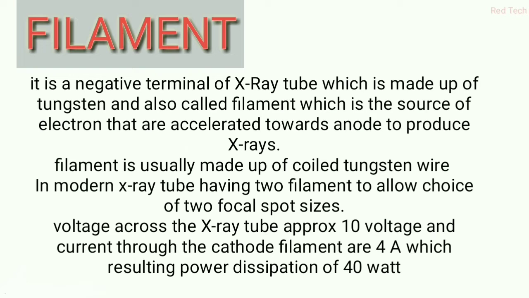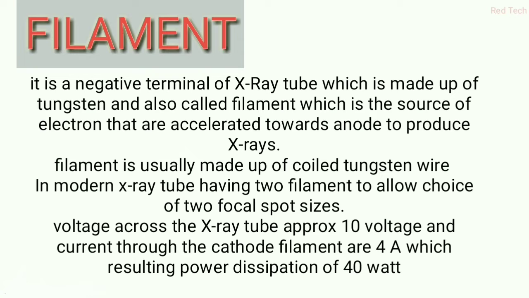And the filament is usually made up of coiled tungsten wire, meaning tungsten wire with coiling. But in a modern X-ray tube we use two filaments, for many reasons, to allow a choice of two focal spot sizes.